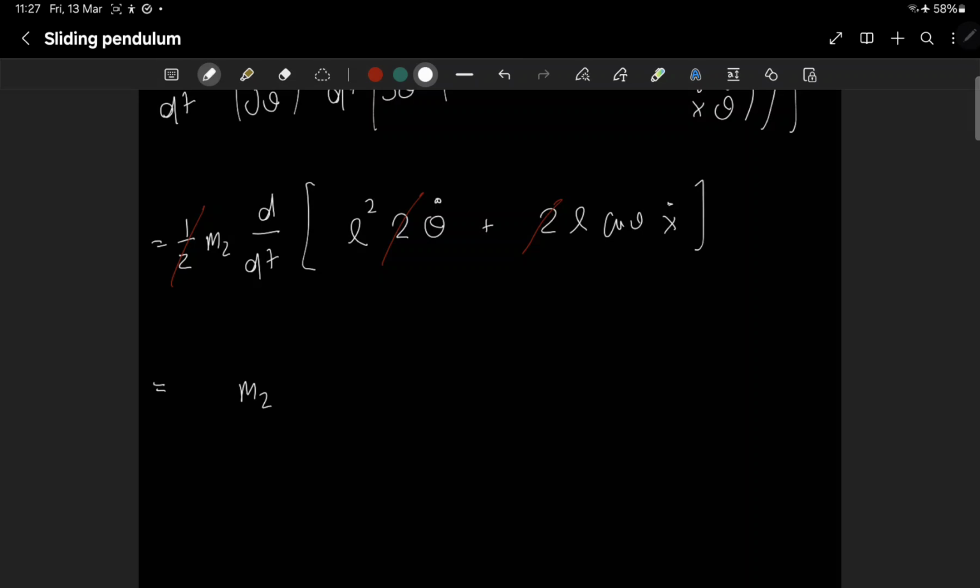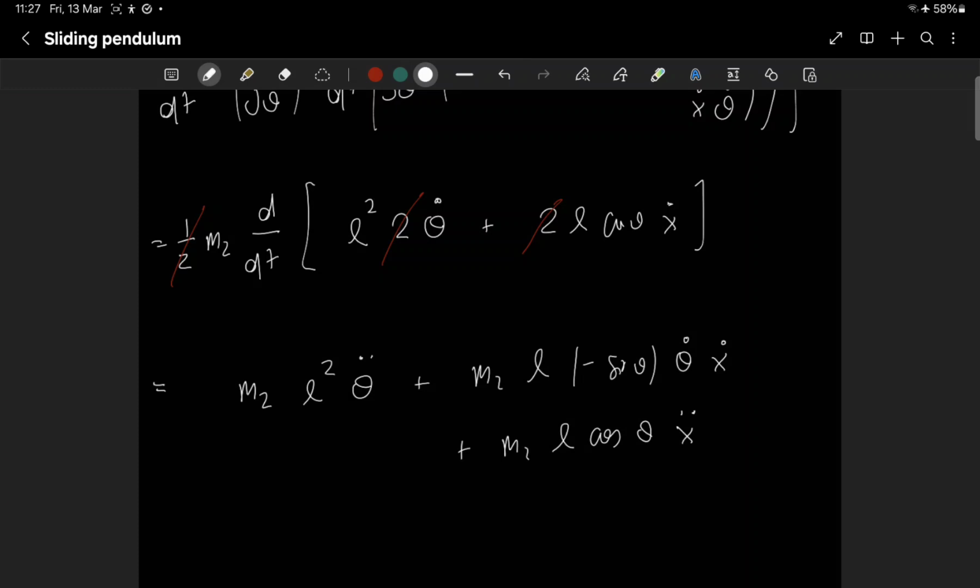So it's just m2 L squared theta double dot plus m2 L minus sine theta theta dot x dot plus m2 L cosine theta x double dot.